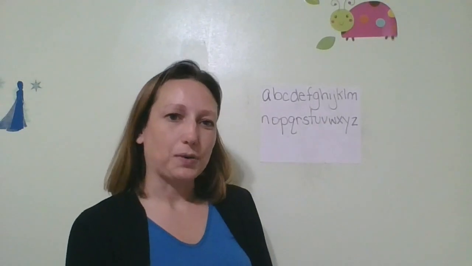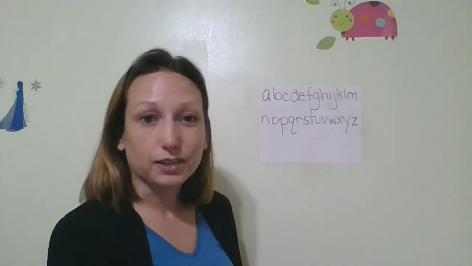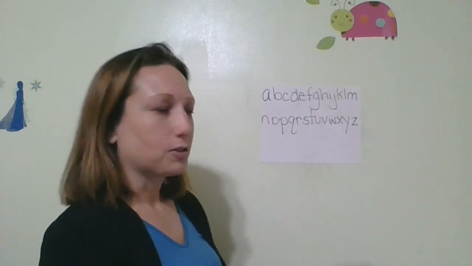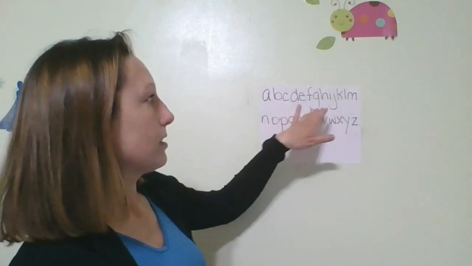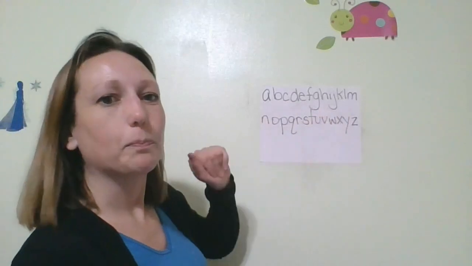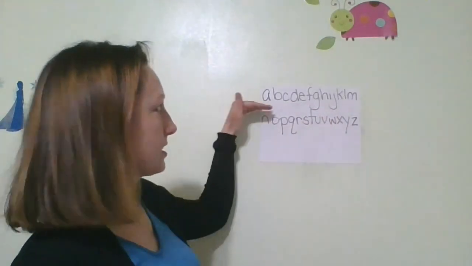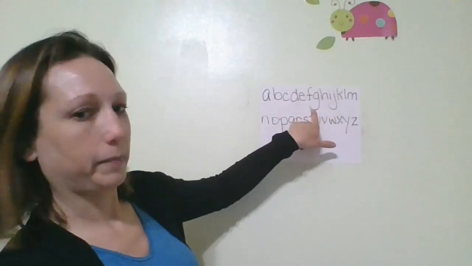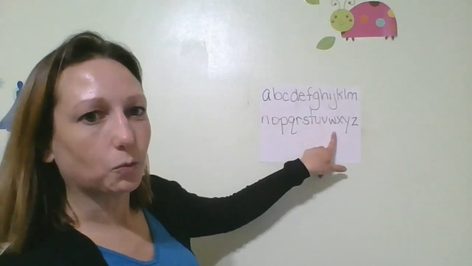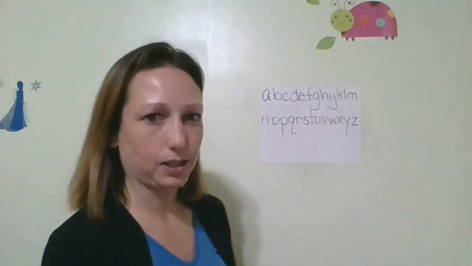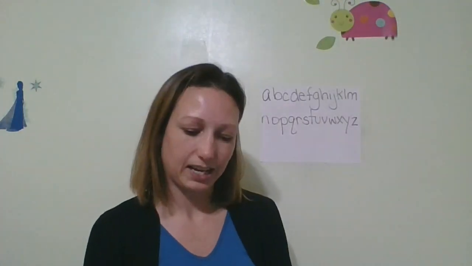And as you are writing, make sure you're looking at your letter formation. Your tall letters touch the top line and the bottom line. And then you have certain letters that hang down below the line. So everything sits on a line. But G, J, P, Q, and Y should come down below the line.